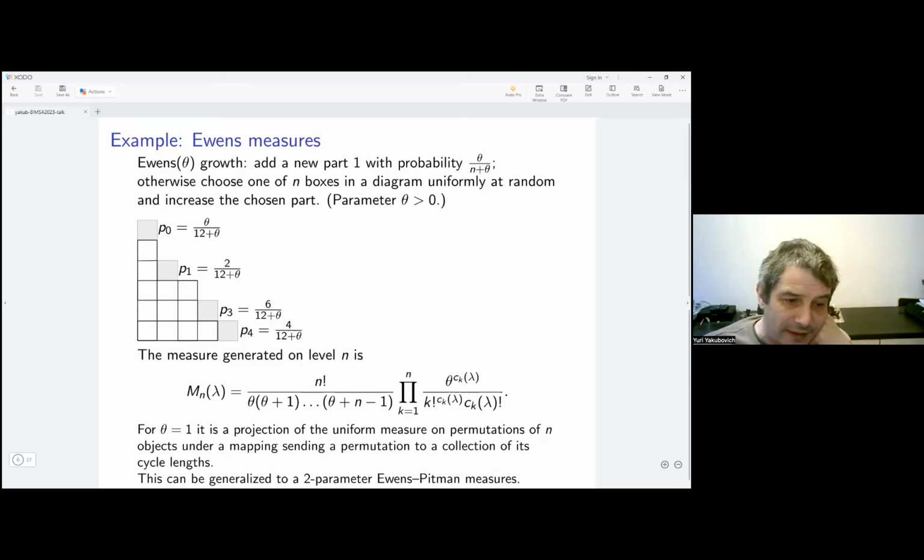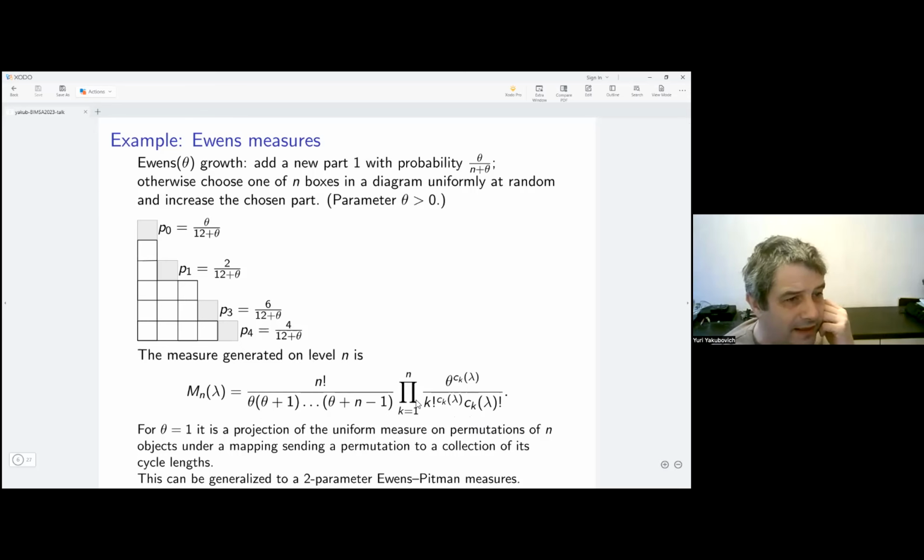So we take each permutation with probability 1/n factorial, and then we look at the cycle structure of this permutation, and it gives naturally a partition of n, and this is exactly the same measure. And actually this procedure can be further generalized, but I won't talk about it.